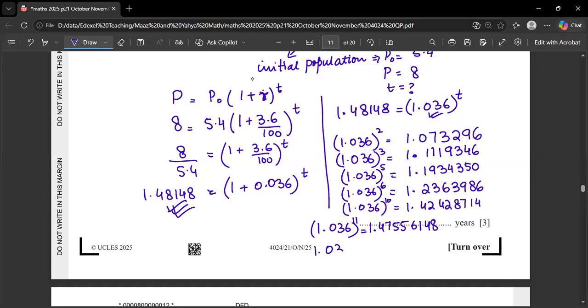Now, can we do 1.036 to the power 12? Sir, it is exceeding 1.4. Okay, tell me the value.